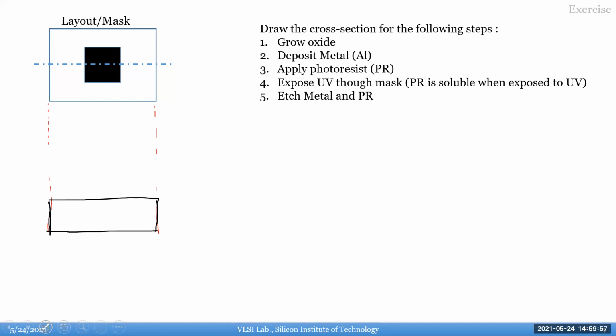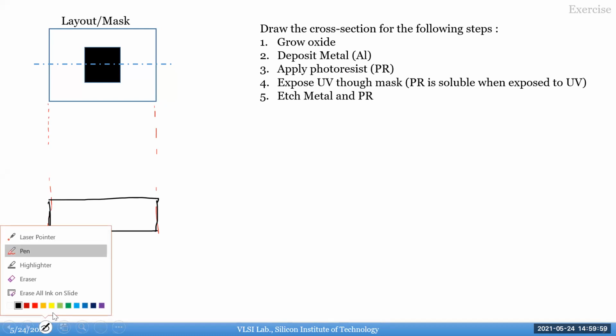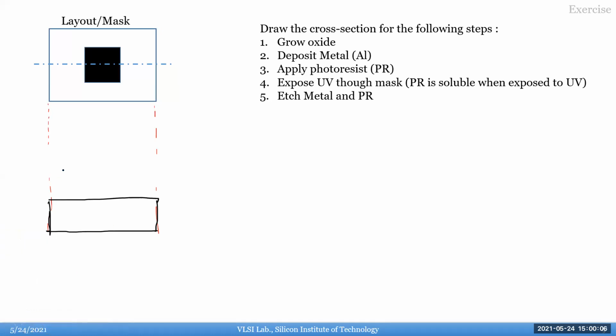And the first step, I'll maybe do the first step. Let me see which color I want to choose, maybe blue. I haven't given you thickness and all that, these are arbitrary. So after step 1, this is how your chip is going to look. This will be your oxide, which is silicon dioxide. Okay, so this is step 1.